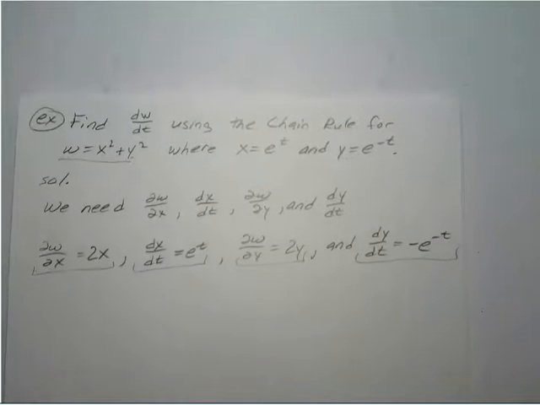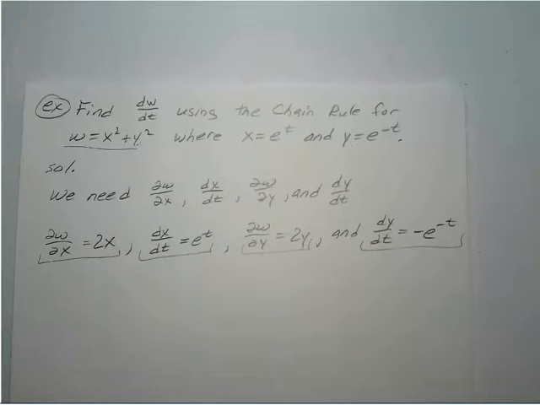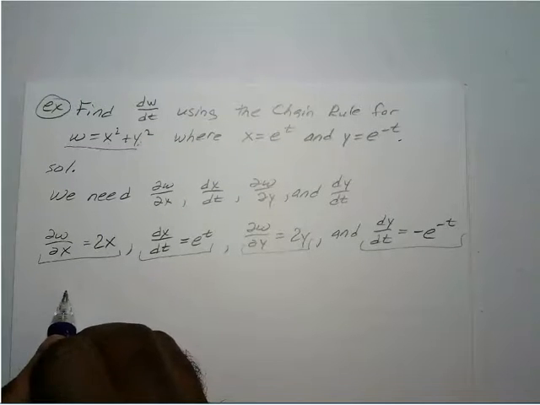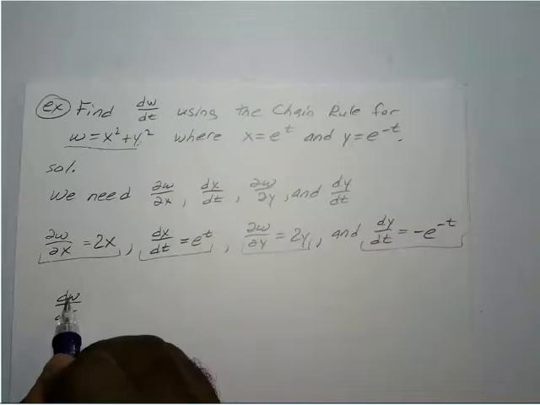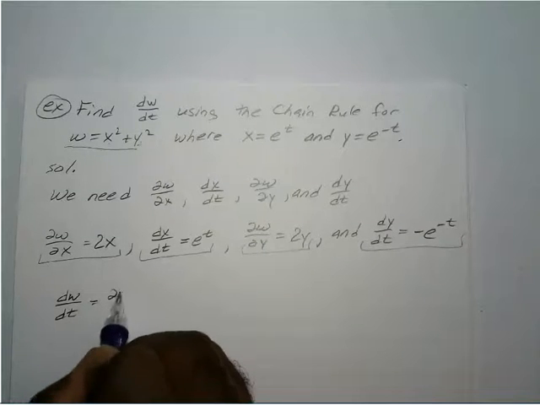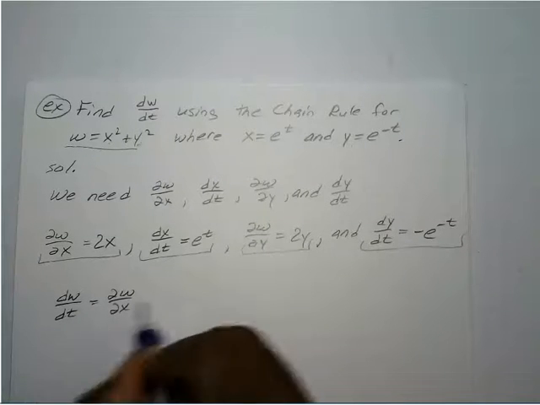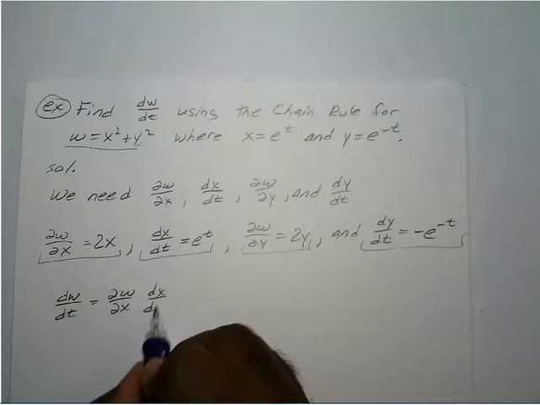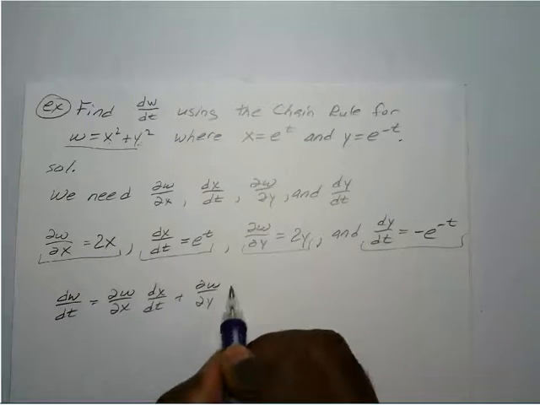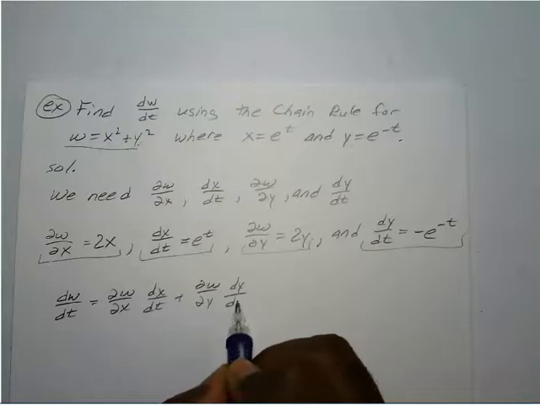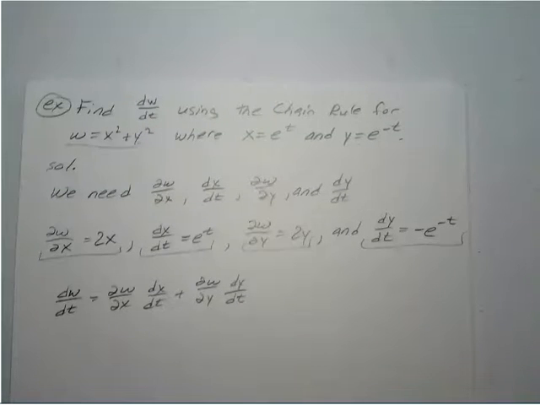Okay, now once you have those 4 things, you just go ahead and plug them right into your formula. The derivative of w with respect to t is equal to the partial of w with respect to x, dx/dt, plus the partial of w with respect to y, dy/dt.